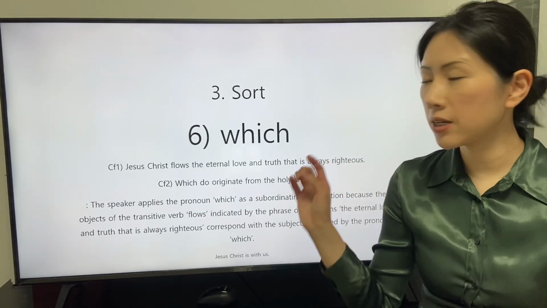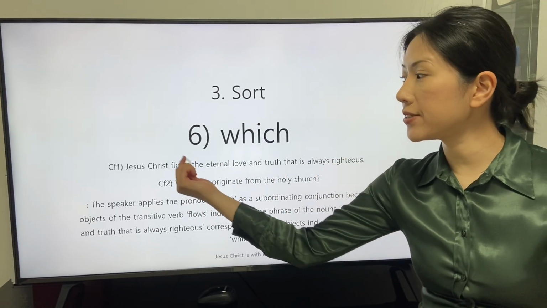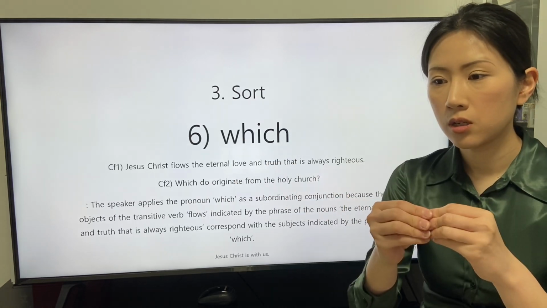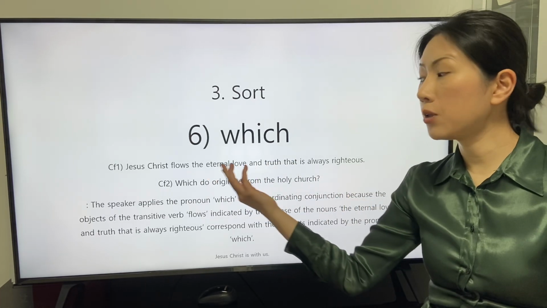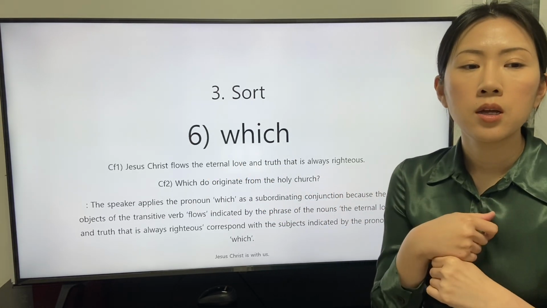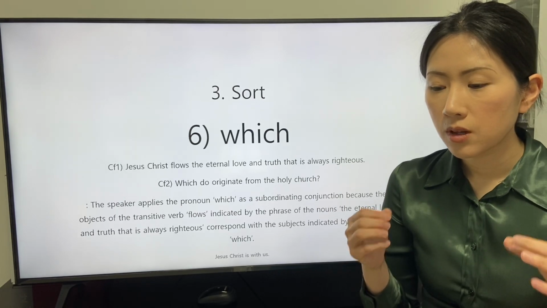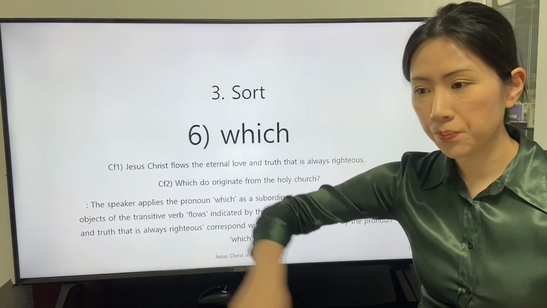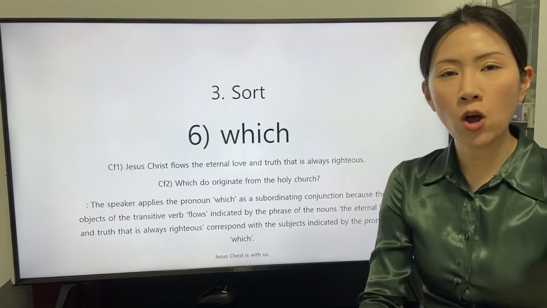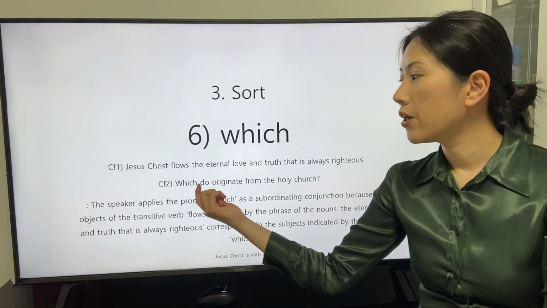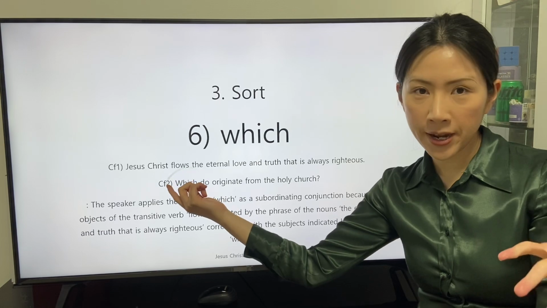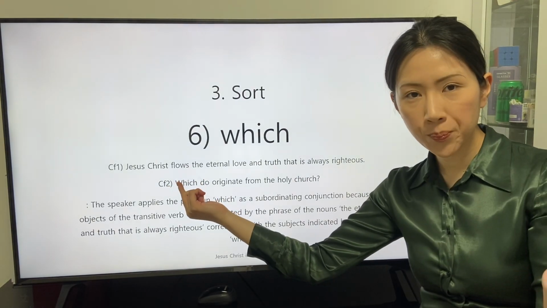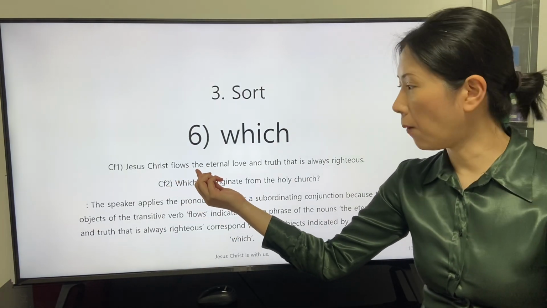We can figure out that the object of the transitive verb flows is plural, and the speaker links the two clauses because of the accordance between the interrogative pronoun which and the object of the transitive verb flows.